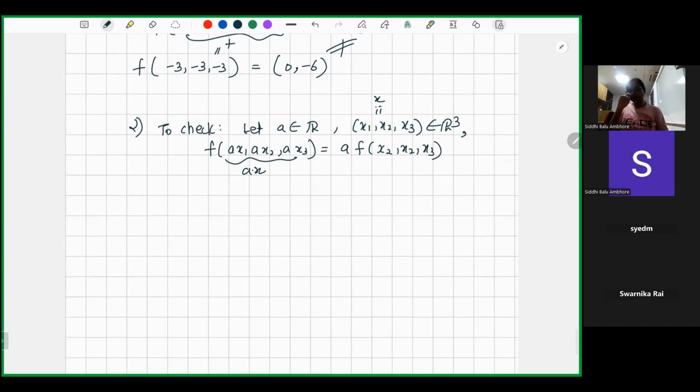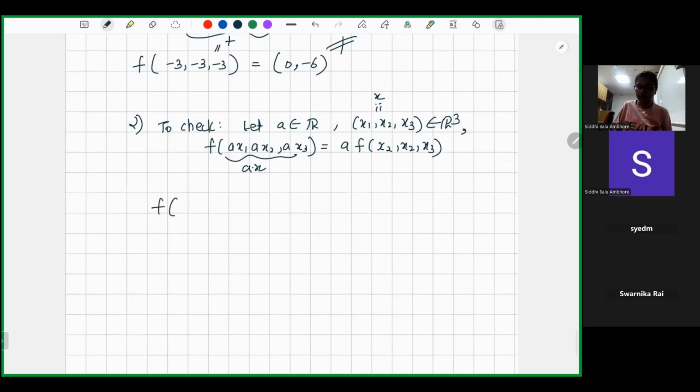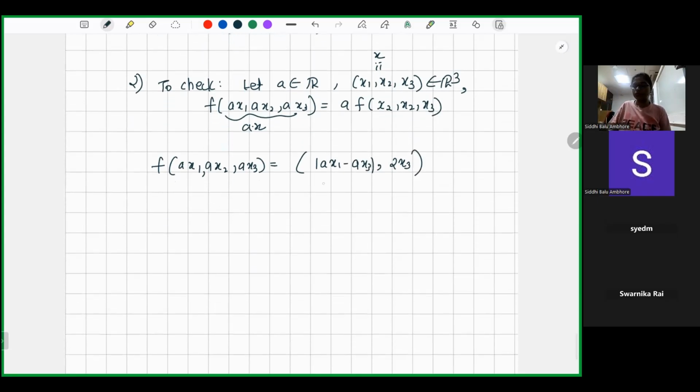Looking at the image set, f is mod of a x1, comma x2, comma 2x3. Note that whatever x1, x2 are, the first coordinate is always greater than or equal to 0 for all x1, x2, x3 in R3. Can you see that?